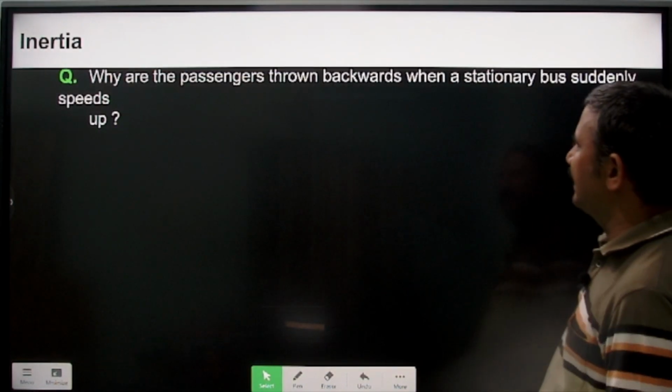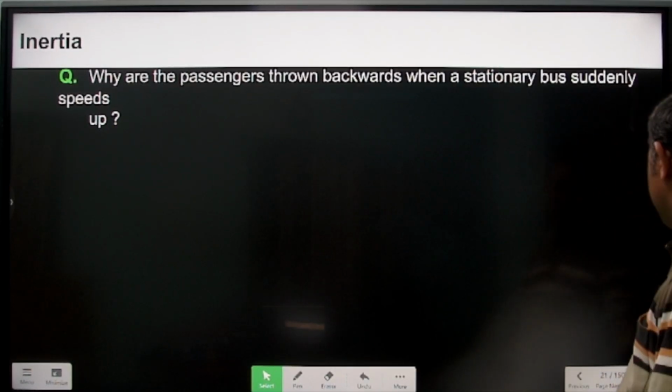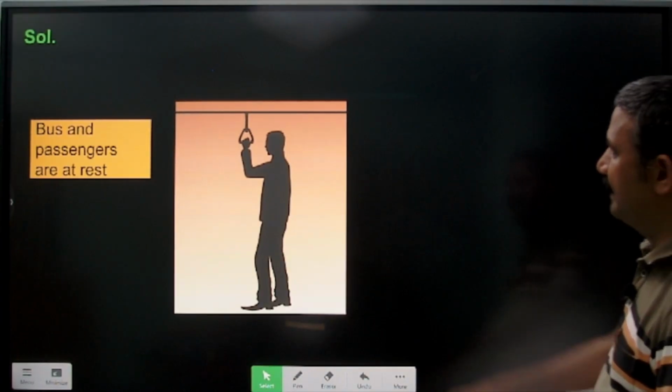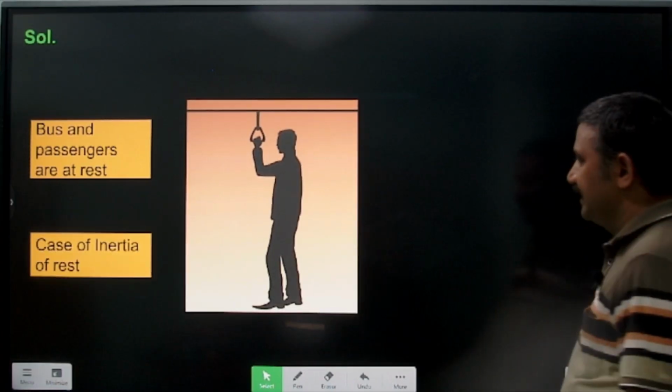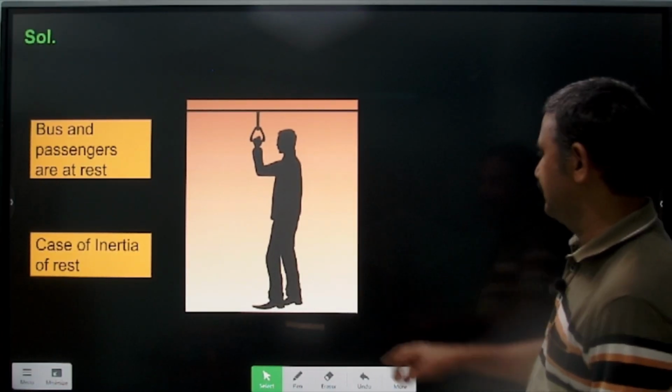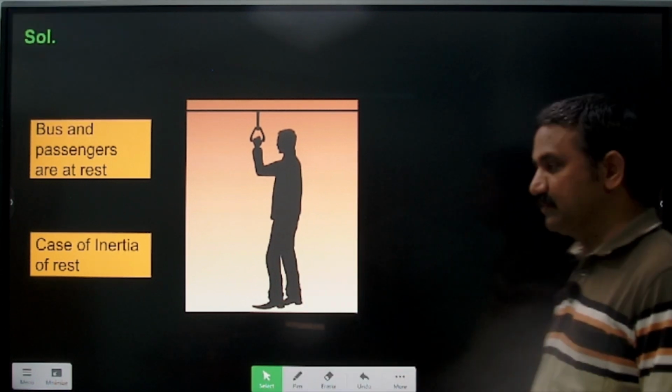Similarly, why are the passengers thrown backwards when a stationary bus suddenly speeds up? Here is the bus and the passengers are at rest. The upper part of the body and the lower part of the body are both at rest.